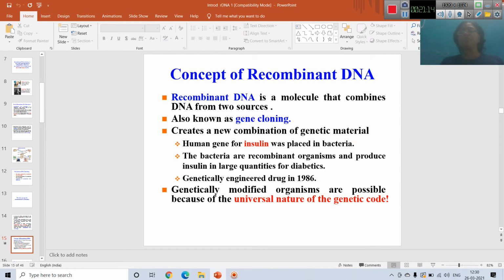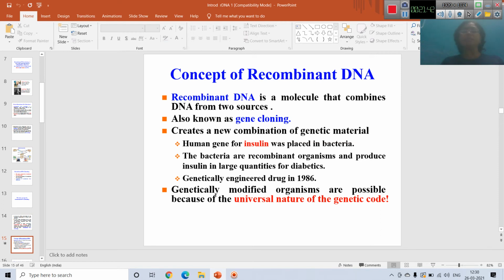But you have to keep in mind that it should not alter the DNA or the genome of microorganisms or humans, so that it could lead to different types of diseases or incurable genetic disorders. It should not happen in such a way.